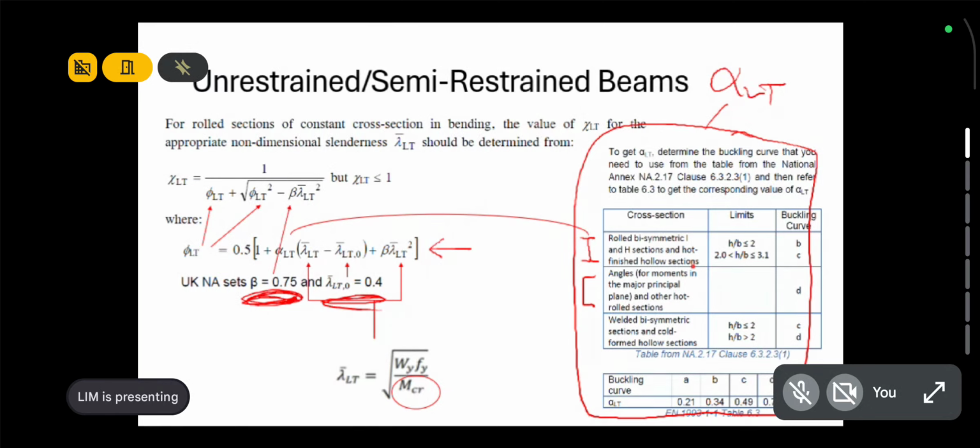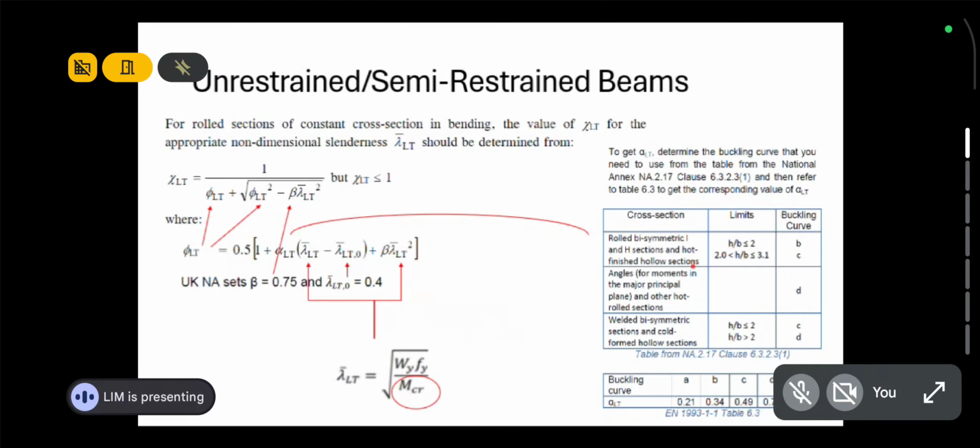Normally, you will notice in my test and exam questions, I will always give you a rolled I section. So you only have to focus on the first row. But even then, in the first row, you have choices.